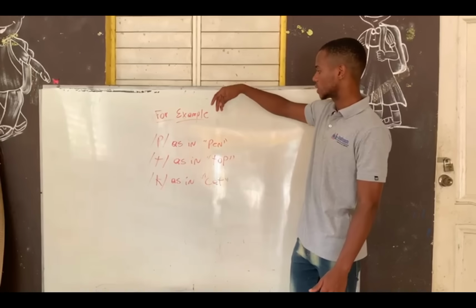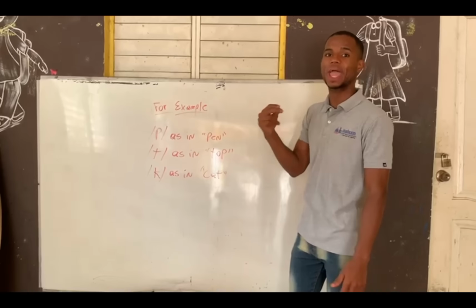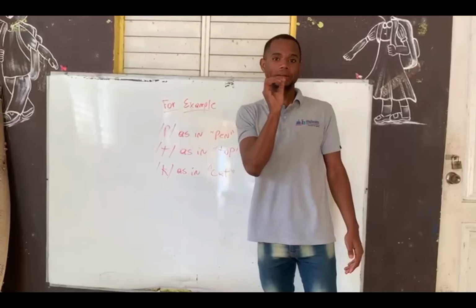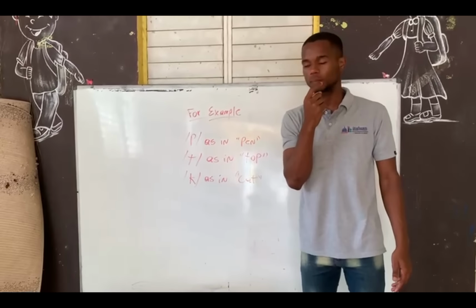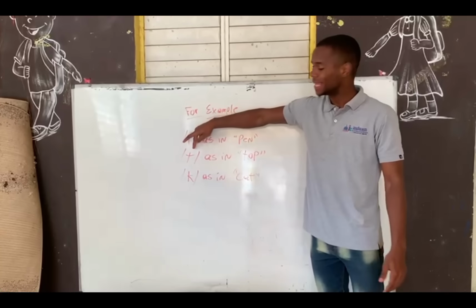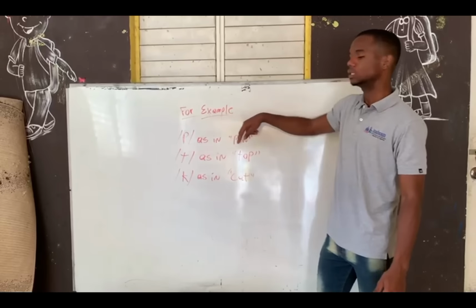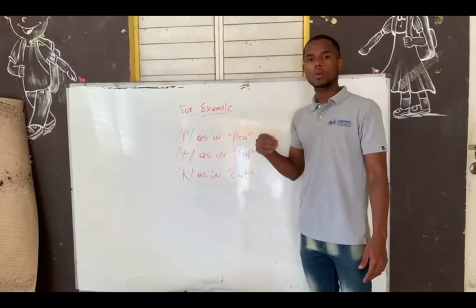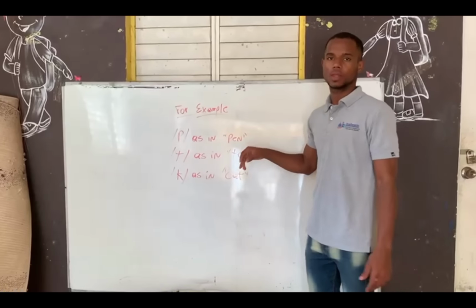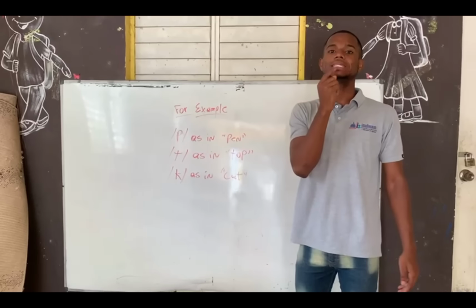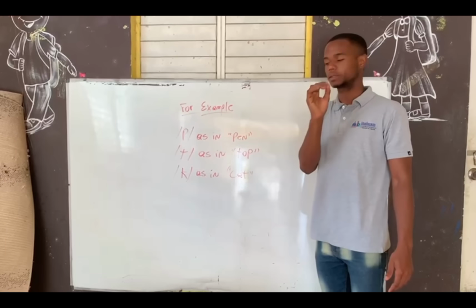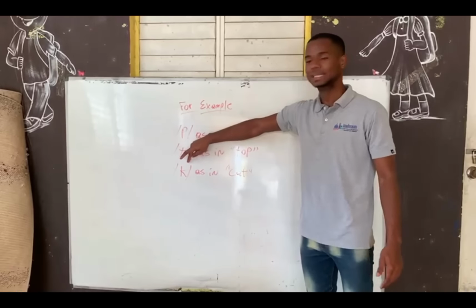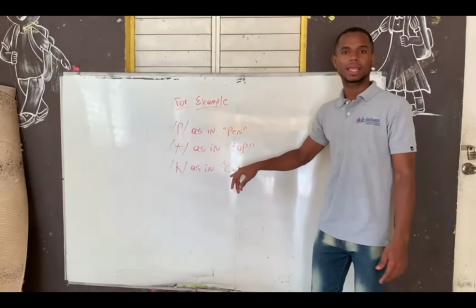When we produce that sound, pen, we block the air with the lips. The second one is T, as in top. When we produce that sound, we block the air with the tongue. And the last one is K, as in cat.